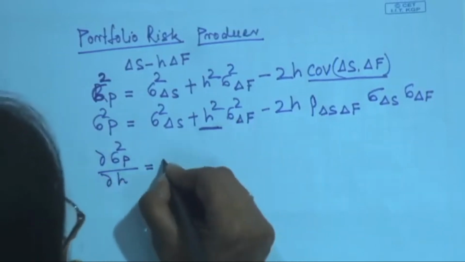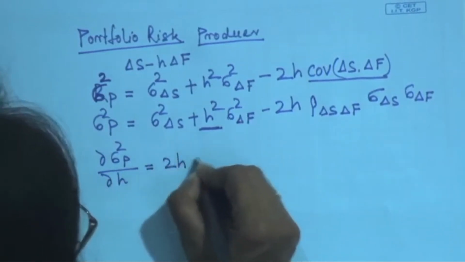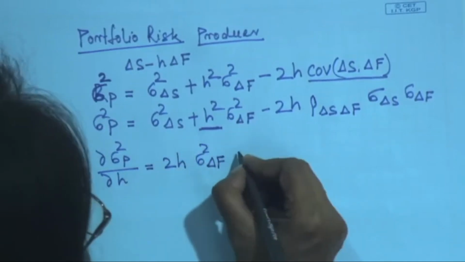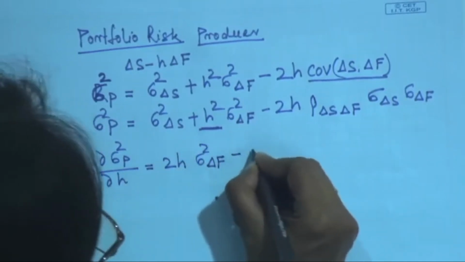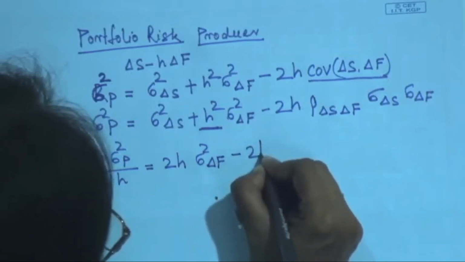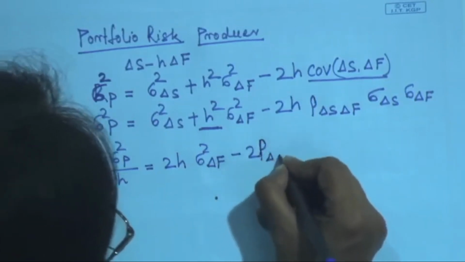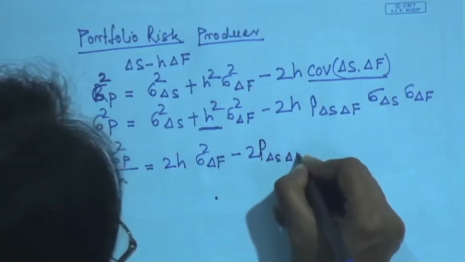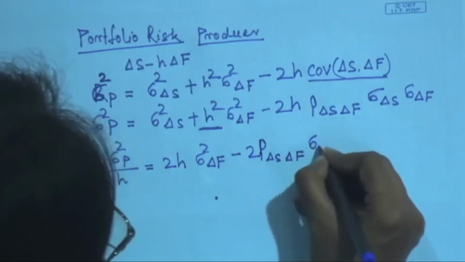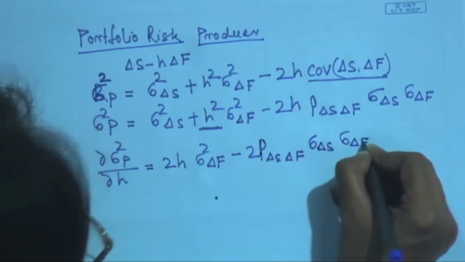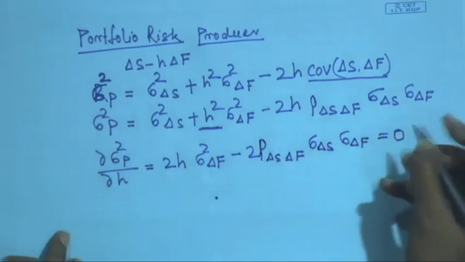So going by that, we will have 2H into sigma square delta F minus 2, H will not be there, so correlation between delta S delta F and sigma delta S and sigma delta F. So this will be equated to 0.